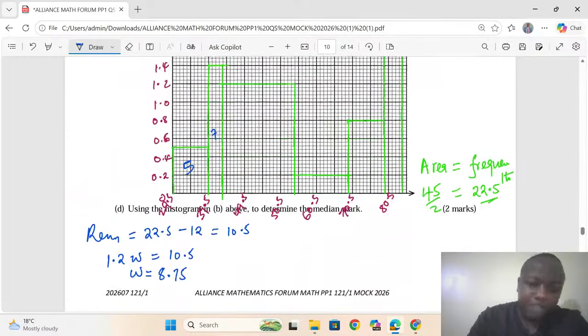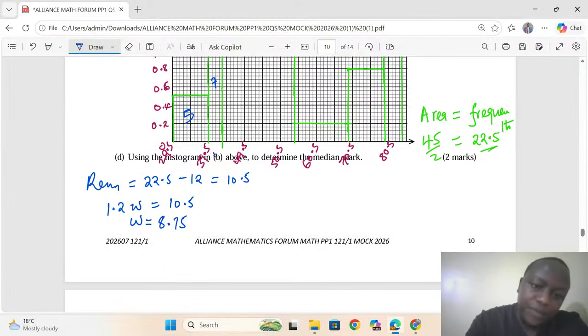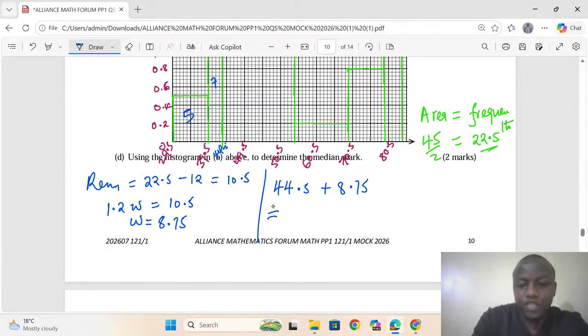Therefore, from the limit of the second class, which is 44.5, we add 8.75 so that we get the mark which aligns with the 22.5th student. 8.75 plus 44.5 is exactly 53.25.